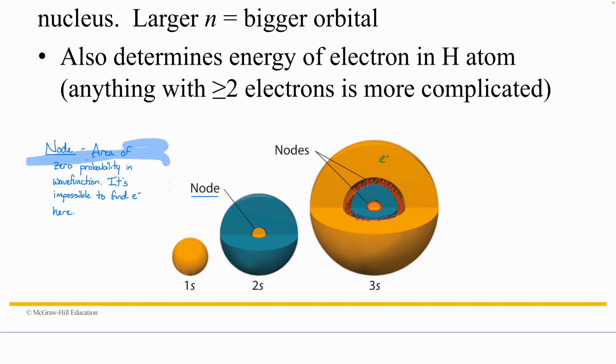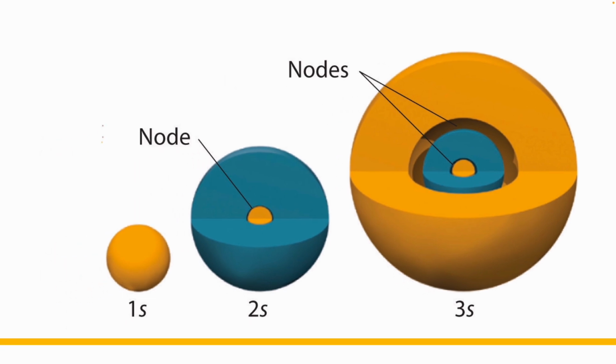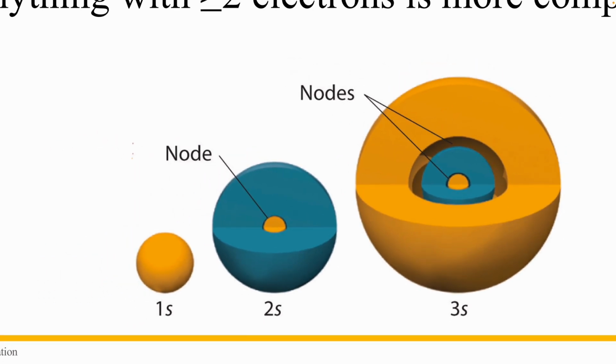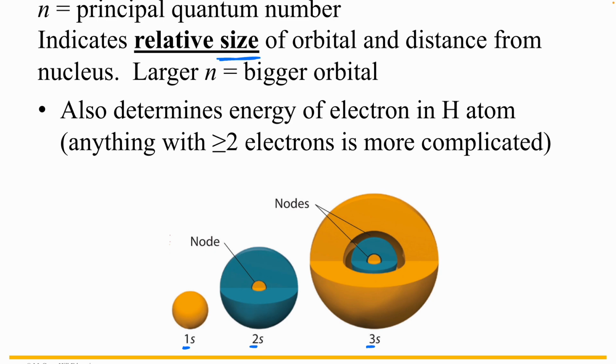What we have here is actually 3 different s orbitals, our 1s, our 2s, and our 3s orbitals. All of them are spherically shaped, but they differ in that principal quantum number. The most important thing to note is their size. As I increase the principal quantum number, the physical size of that orbital also increases.